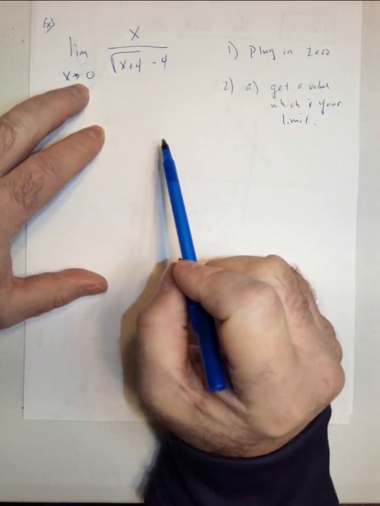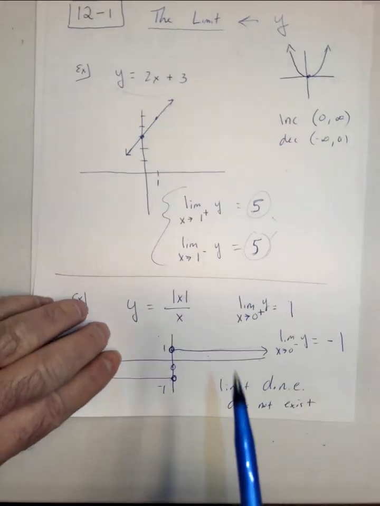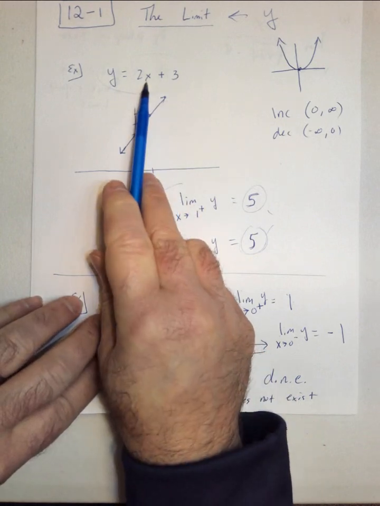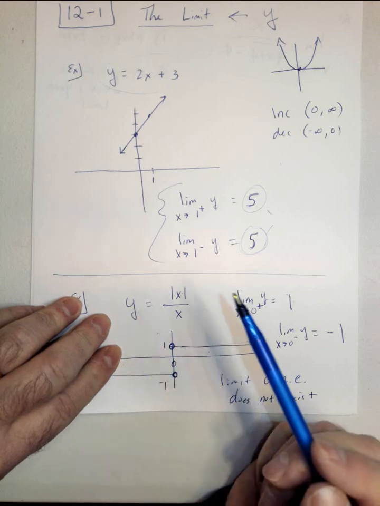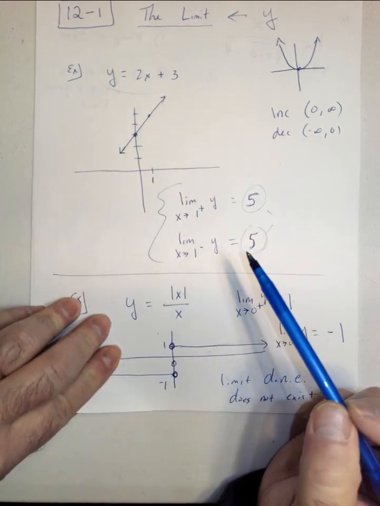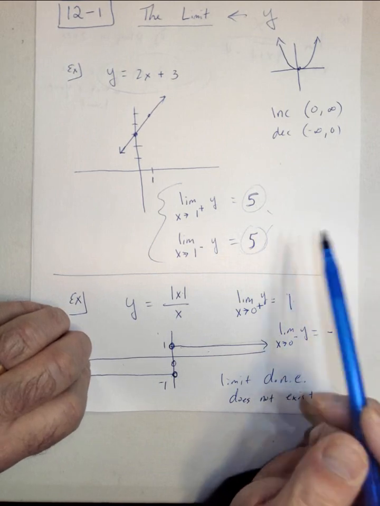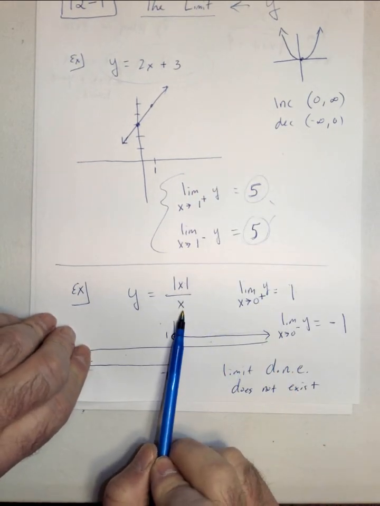A, you could get a value, and that would be your limit, right? It might be a number, just like here. Right? If I took, because I was looking at approaching 1, I plug in 1, what did I get? My limit. Right? And again, based on the function itself, you need to make sure that you're approaching that same value from both the left and the right. That's critical, right? What happens when I plugged in 0 here? I get something that was undefined.